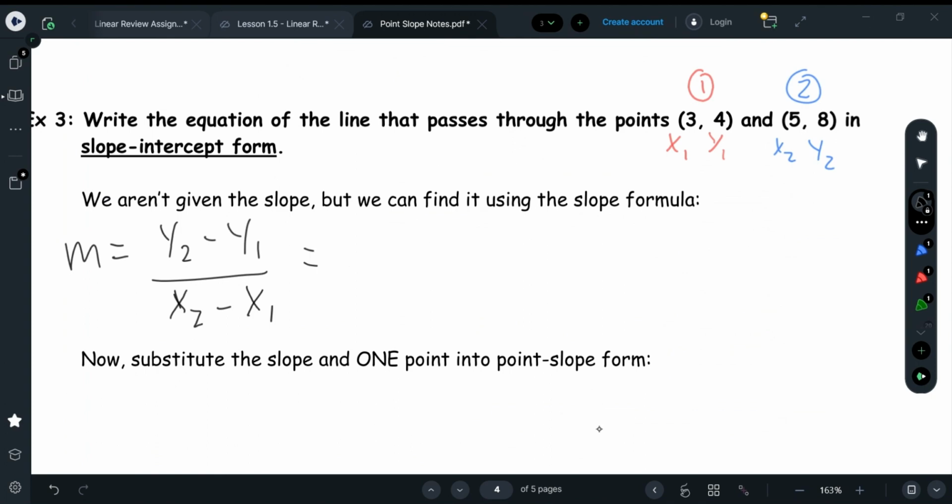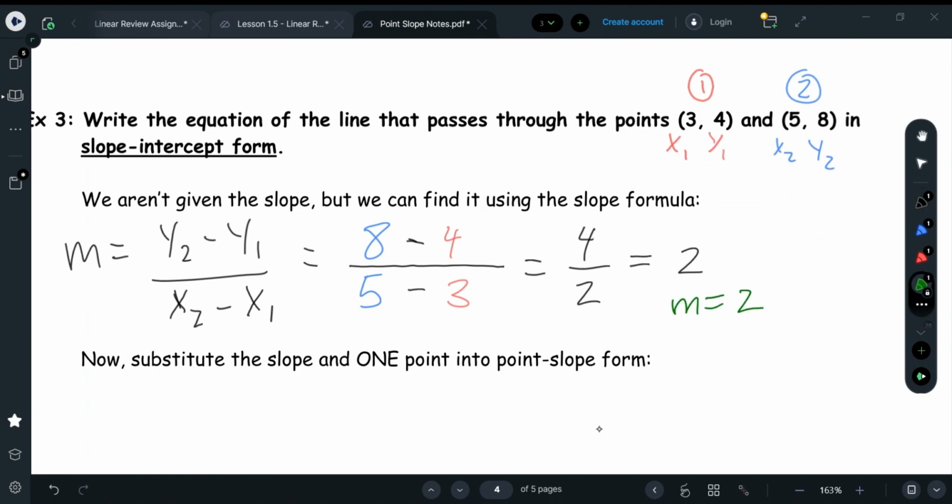Go ahead and plug these in here. Eight minus 4 is a 4. 5 minus 3 is a 2. Here I have 4 over 2. We can definitely simplify that. 4 divided by 2 is equal to 2. That's our slope. M equals 2.